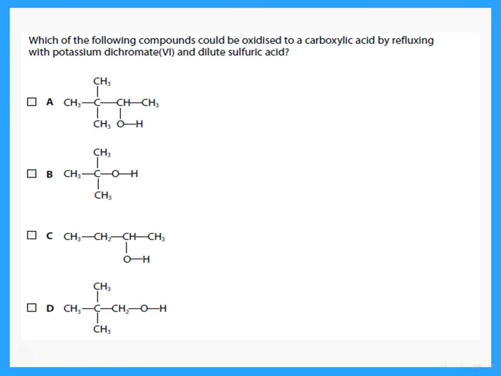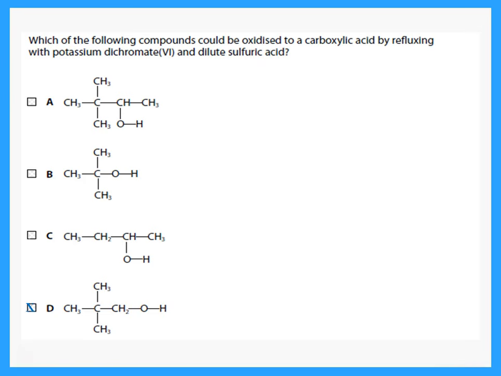So the ones that cannot be oxidized are tertiary alcohols, acids, and ketones. Okay, which of the following compounds could be oxidized to a carboxylic acid by refluxing with potassium dichromate? Remember, the one that gives me carboxylic acid is the primary alcohol. The secondary would give a ketone. The tertiary would not react at all. So the question is, which of these is a primary alcohol?